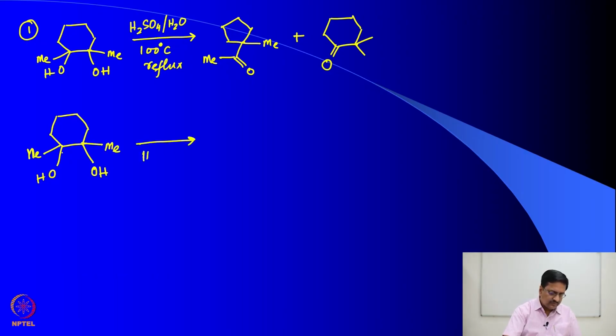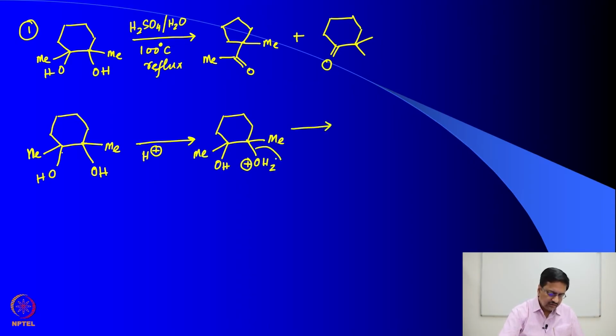When you add H plus, one of the OH groups gets protonated as usual, and the corresponding methyl groups are there as usual.